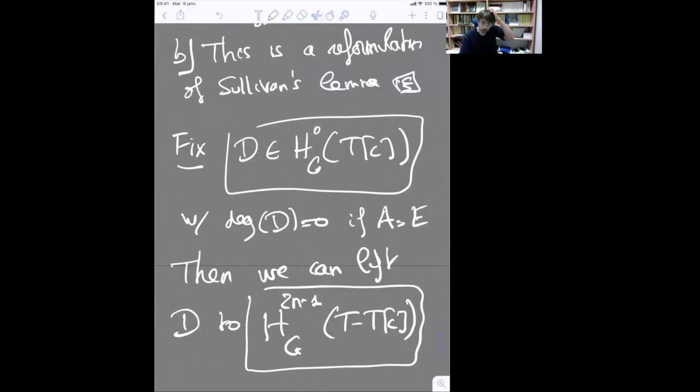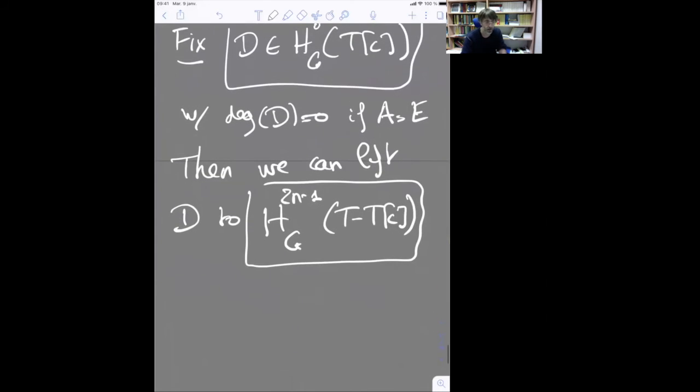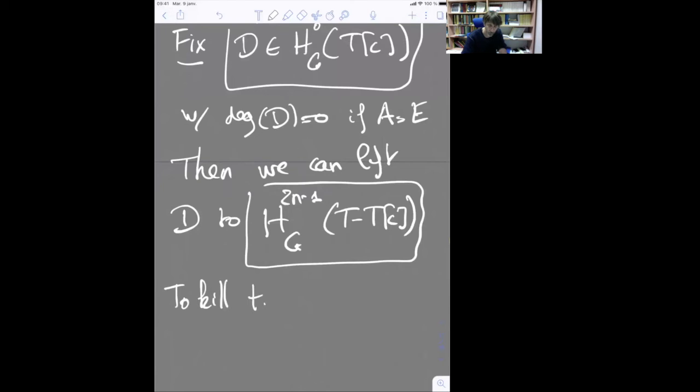In fact, we can kill this ambiguity, and a similar thing was discussed in Romyar Sharifi's talk yesterday, where he used the trace map. So that's exactly what we do to kill the ambiguity in the lift.